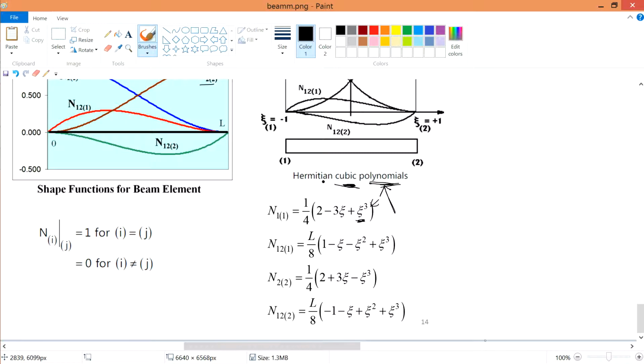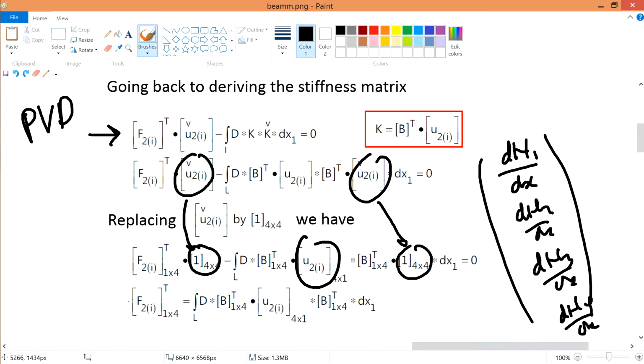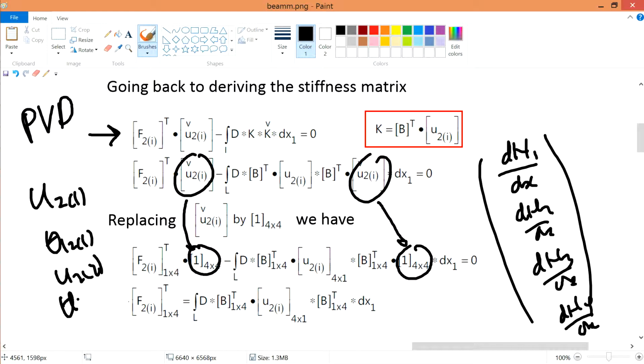We have shown you N1 and so on over here. While your u2i is u2 at node 1, theta 1 2 at node 1, u2 at node 2, theta 1 2 at node 2. If you still remember, this is your u2.